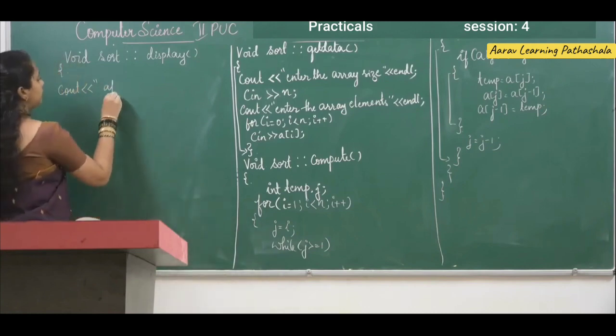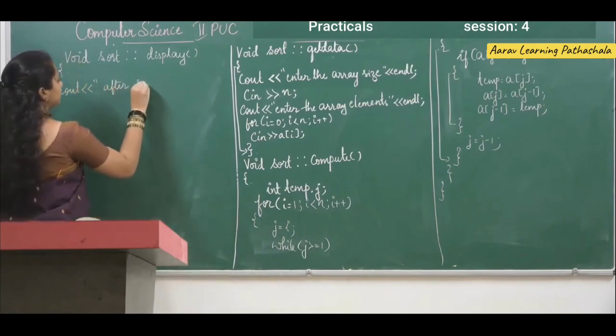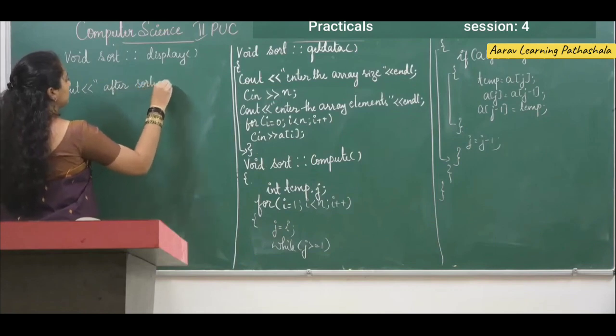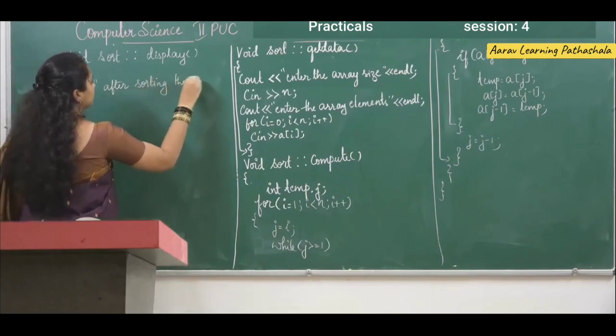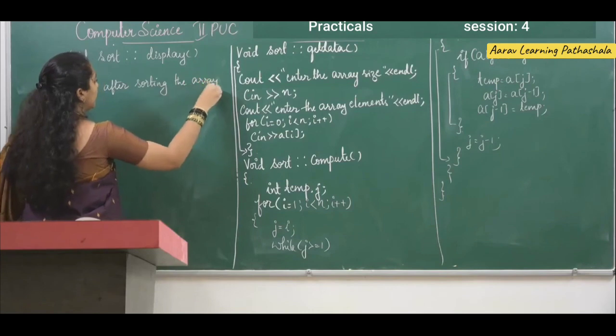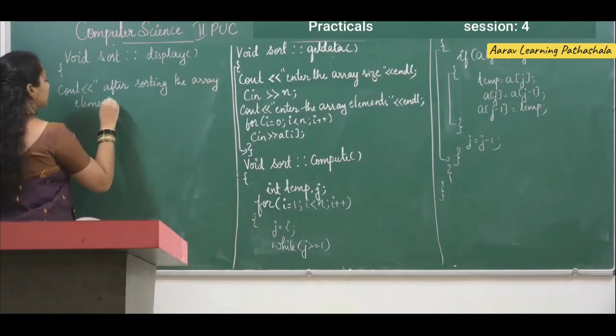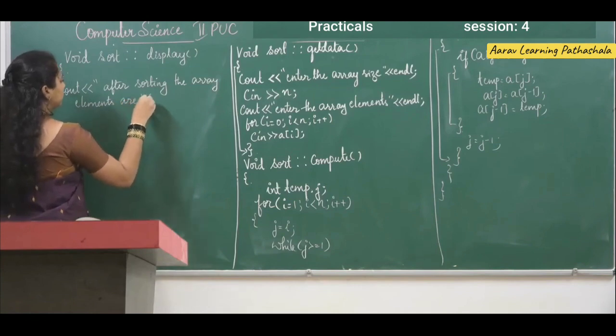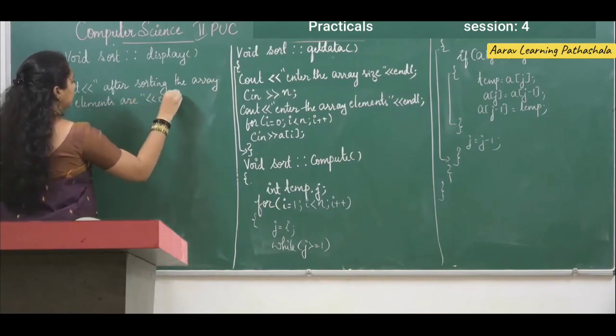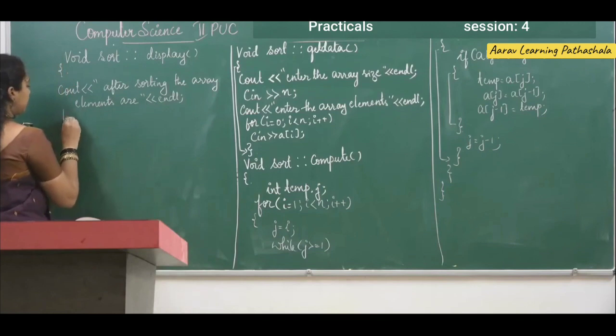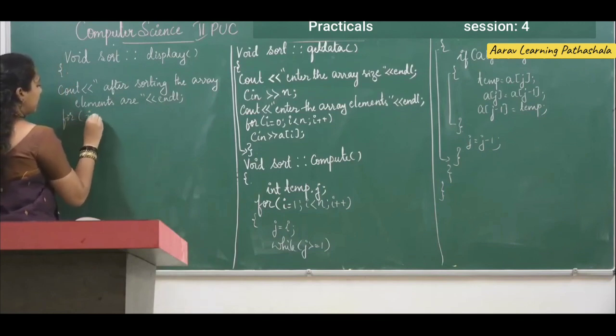So, "After sorting, the array elements are". Using a for loop, we are going to print all the array elements.